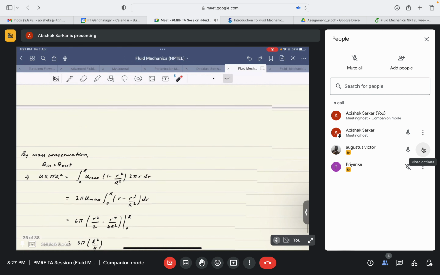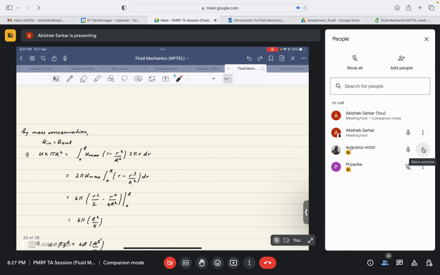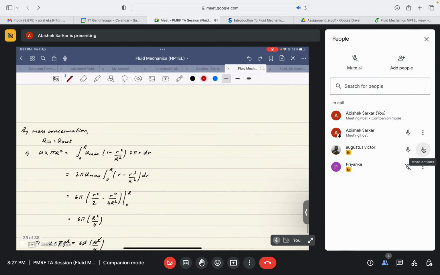Then we can write Q in as u pi R square. Why u? I have written it directly because they mentioned that the velocity profile is uniform. Okay, and then at the outlet we have this term, right? We essentially have Vr dot n cap dA.